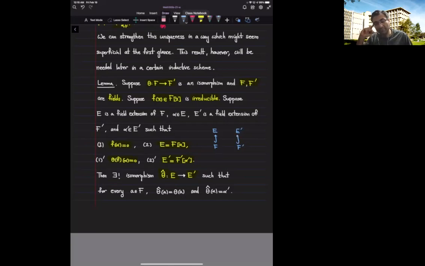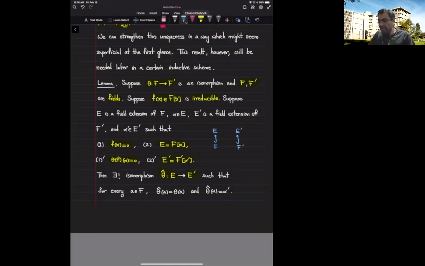Whenever you see this kind of hook shape, this means that there is an injective homomorphism from the domain to the codomain, and you should think about it like having a copy of F inside E. This hook should remind you of the inclusion, being a subset of, but because it's not quite the inclusion map, we denote it by this hook.